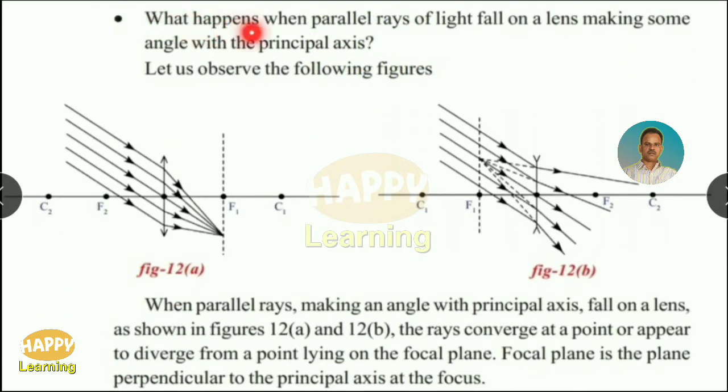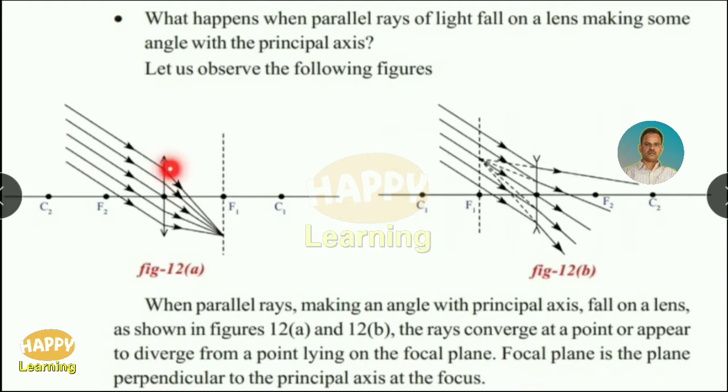What happens when parallel rays of light fall on a lens making some angle with the principal axis? This is a convex lens. These are all parallel rays, but they are not parallel to the principal axis.